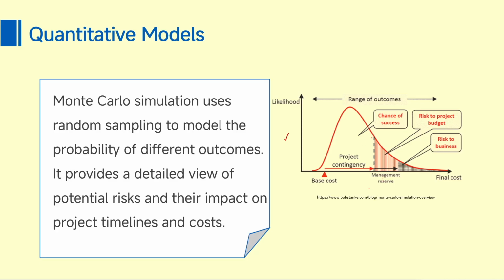Okay. So, this is going to be the chance of success. So, when your contingency is at this point you have a chance of success, but when you drag to the right, there is a risk to the project budget and risk to the business, just because your cost is going to be very high. So, normally when you have risk, we have a set of contingency measures, but the organization has to suffer a set of associated costs, which is going to hinder the entire budget.